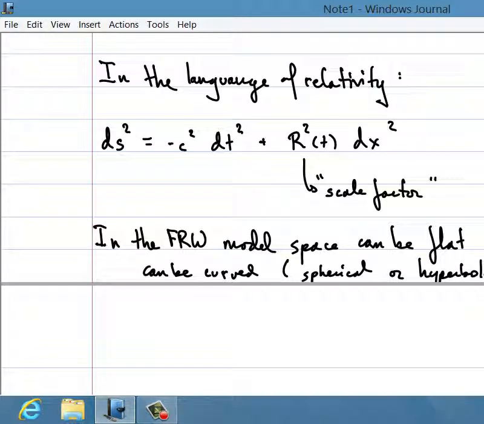So if I were teaching this class 15 years ago, I would have to spend some time telling you how to describe the invariant interval for these spherical or hyperbolic spaces.